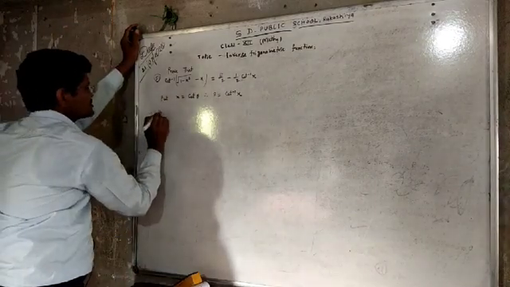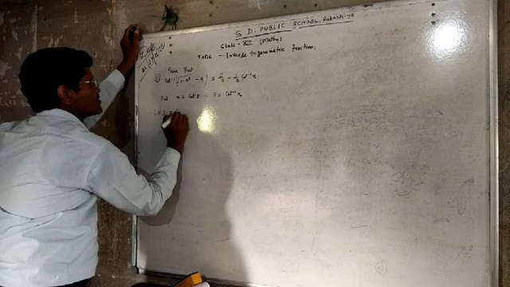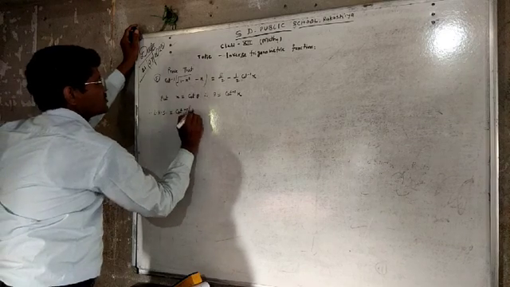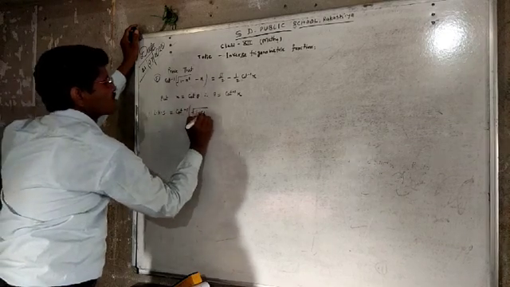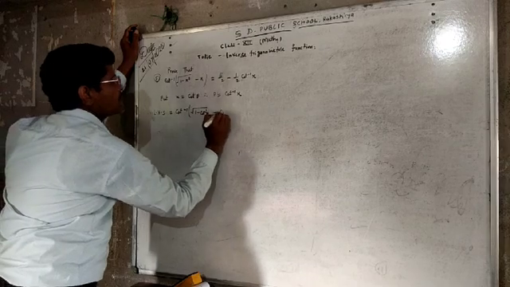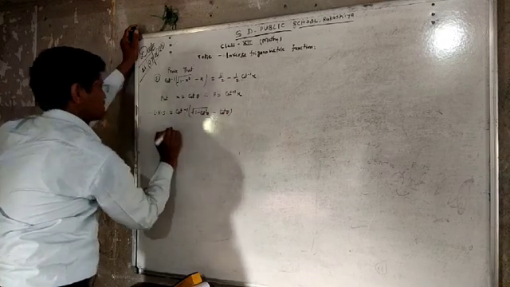Therefore, LHS gets cot inverse of root under 1 plus cot square theta minus cot theta.